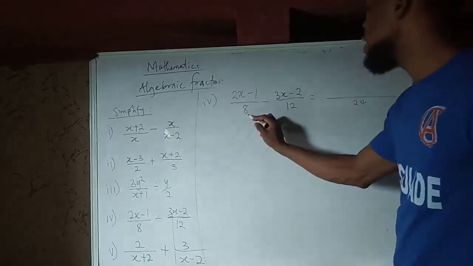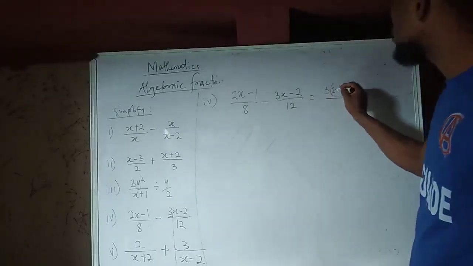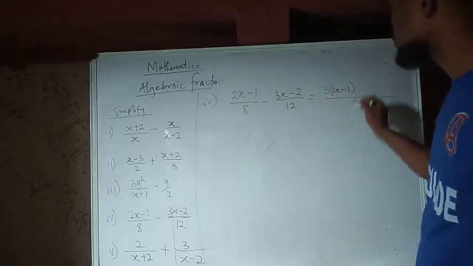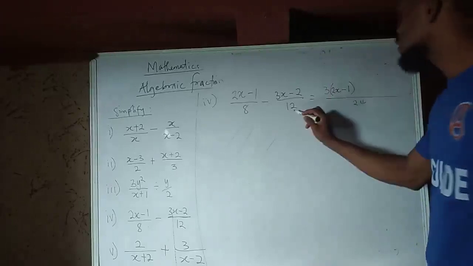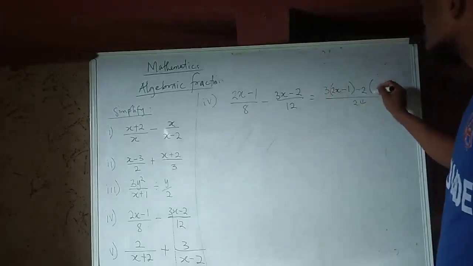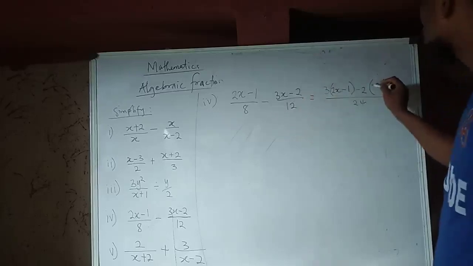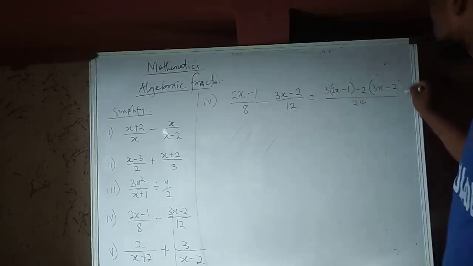So the 3 we get, we multiply the numerator, so we are going to get 3 into 2x minus 1. Then 24 divided by 12 is 2, so I'm going to get minus 2, because there is a minus here, multiplying this whole thing, 3x minus 2.